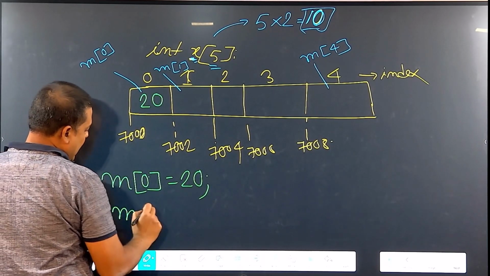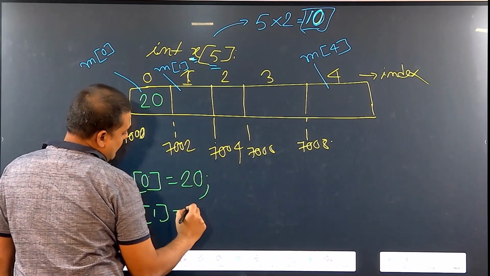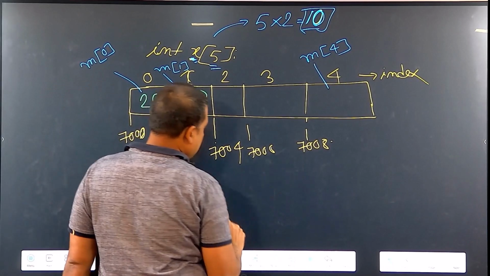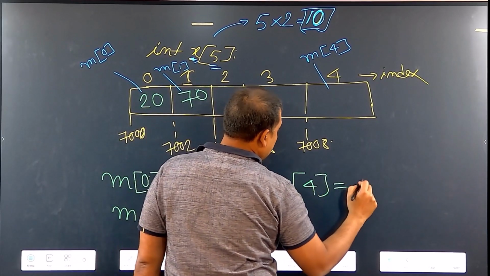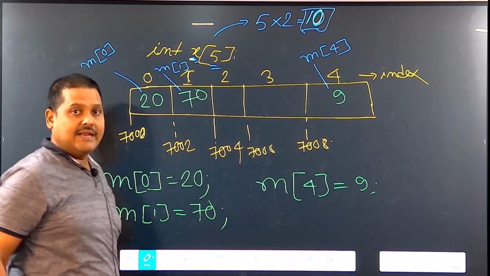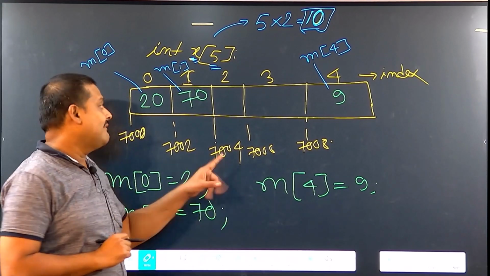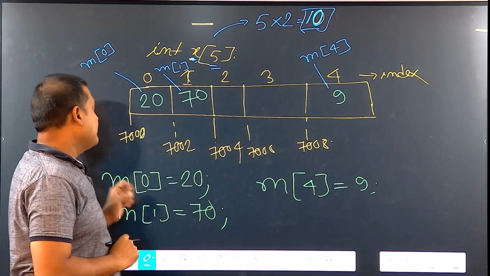If I want to store 70 here, it will be inserted here. If I write M of 4 is 9, then this location will be allocated as 9, and इसी तरीके से we can store all the values in the corresponding places, and this way we can use it.